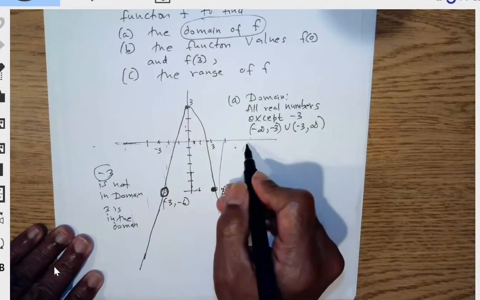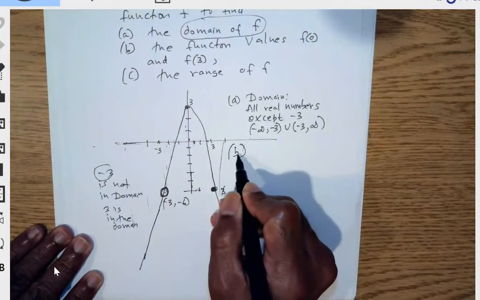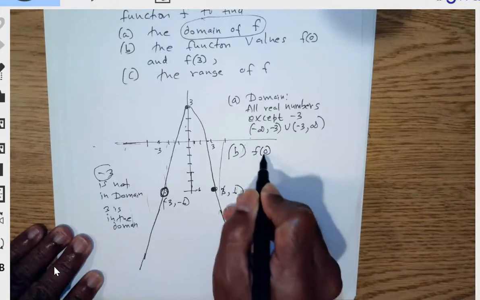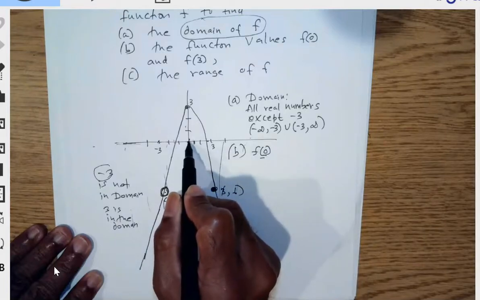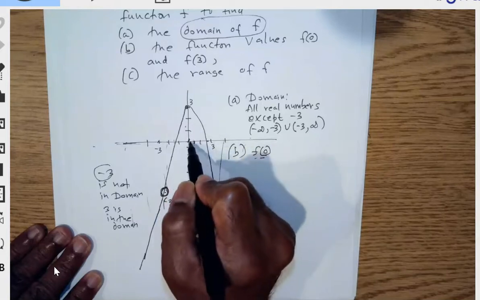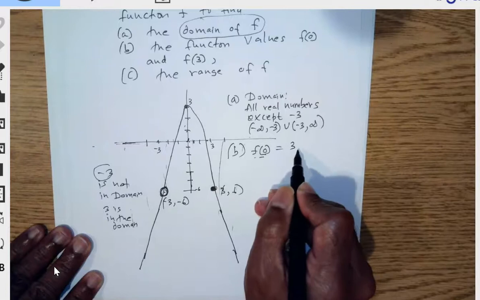Now let's look at finding function values. If you want to find f(0), you look at the input 0, which means x is 0. Input is x. You want a function value, which means you want the y value. So 1, 2, 3. That will be 3.